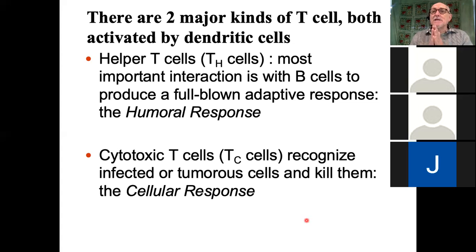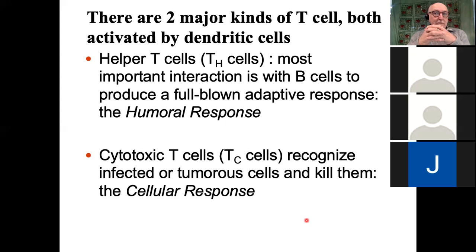All cells have MHC class 1, but only a certain restricted set of cells possess MHC class 2. And they possess the MHC class 2 specifically so that they can interact with other lymphocytes, or with lymphocytes in general. So that's our first player, the dendritic cell.